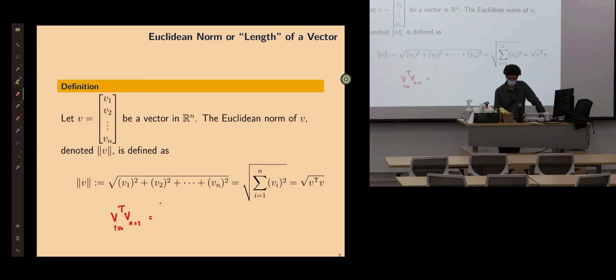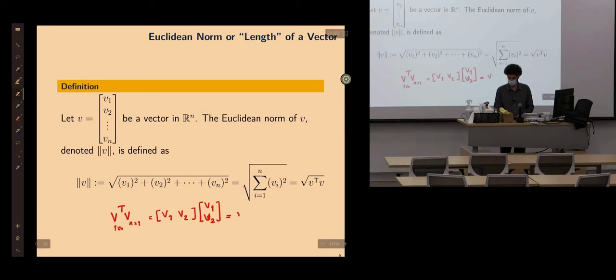Let's say V is V1, V2, just so we can easily write it down. This is just a vector by vector multiplication. We can use our usual standard matrix multiplication, row times the column.